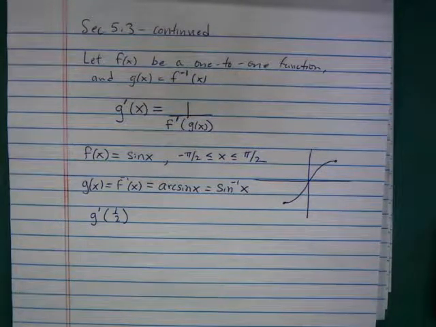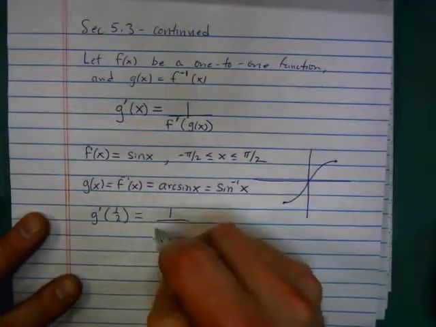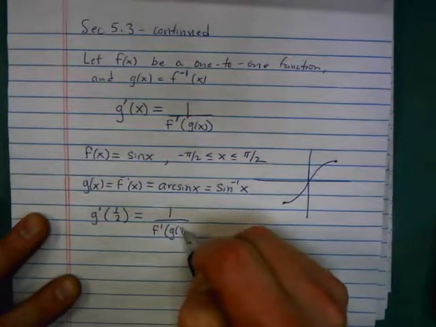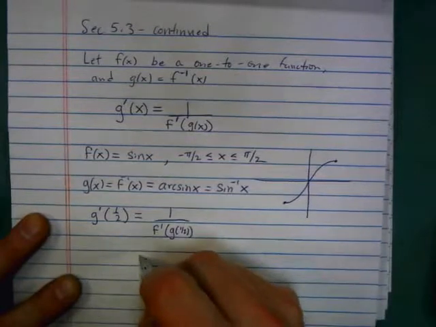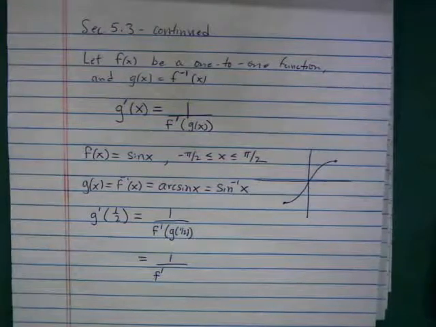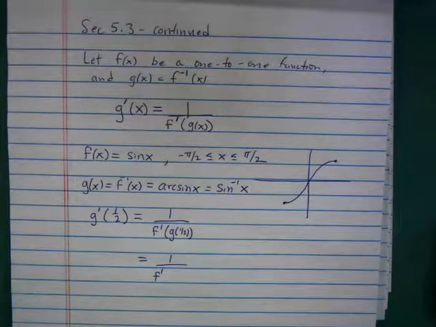According to the formula we have up above, g prime at a half would be 1 over f prime at g of a half. So that's 1 over f prime of, what's g of a half? What is arc sine of a half? 45. 60. 30?